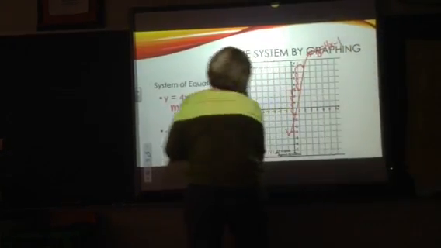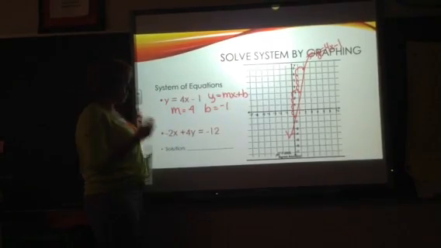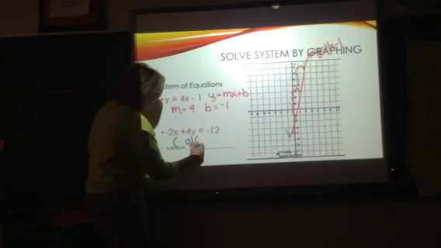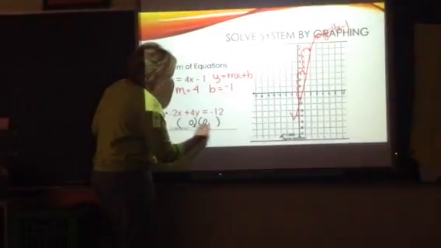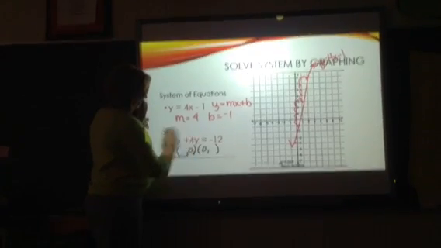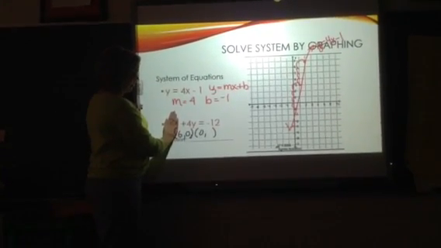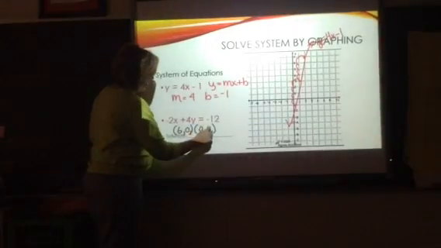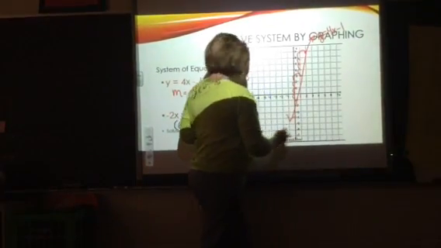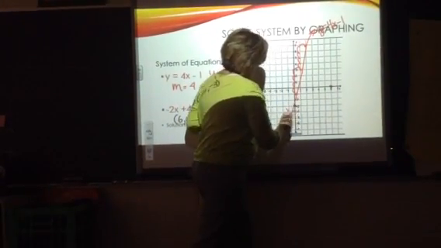So this is the equation y equals 4x minus 1. All right? Now, let's look at this equation. Again, I can use the cover-up method. So I'm going to let y equal 0, and then I'm going to let x equal 0. When I let y equal 0, I see that x has to be 6. And when I let x equal 0, I see that y must be negative 3. So I'm going to plot those points: 6, 0, and 0, negative 3.